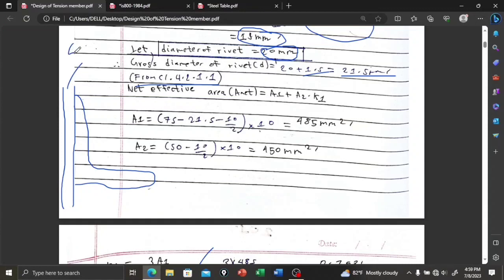This is gusset plate, and A2 is the side which is not connected to gusset plate.